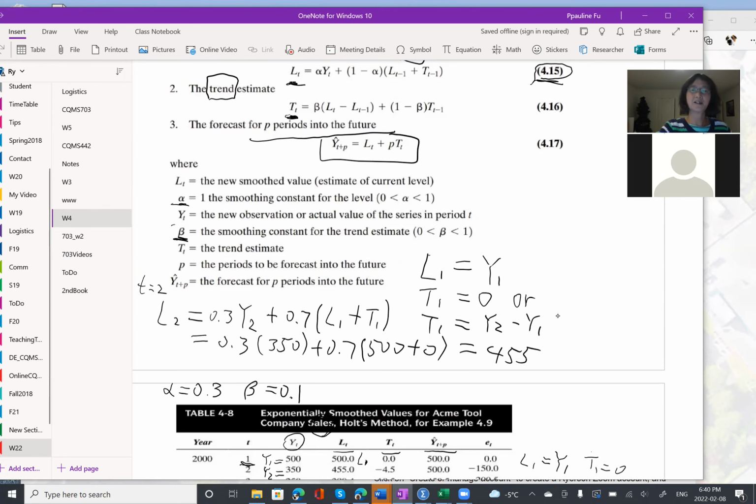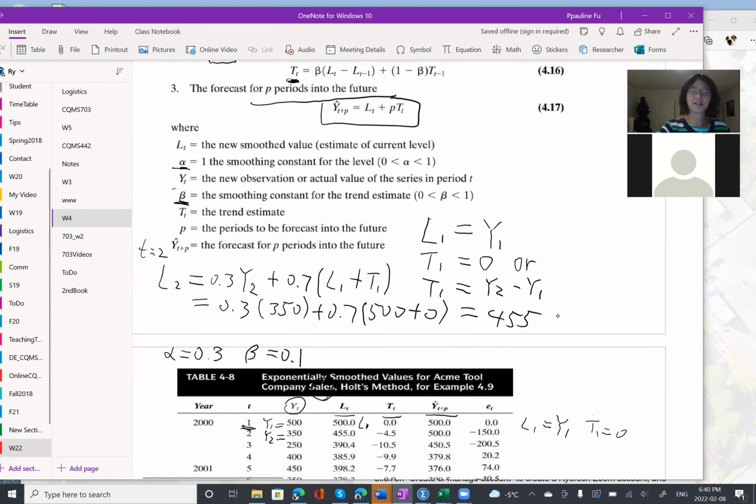Now let's do T2, the trend. When T equals 2, T2 uses formula 4.16. So T2 equals beta, and beta is given as 0.1. So 0.1 times L_T minus L_{T-1}.